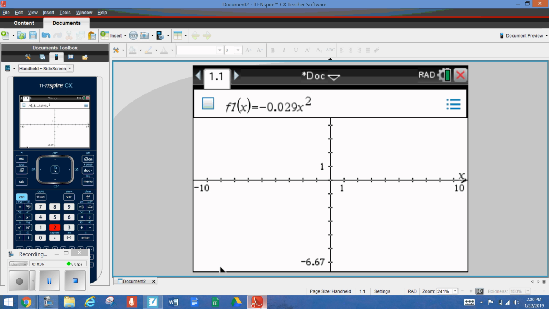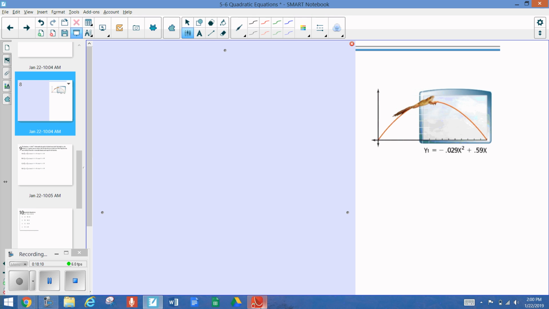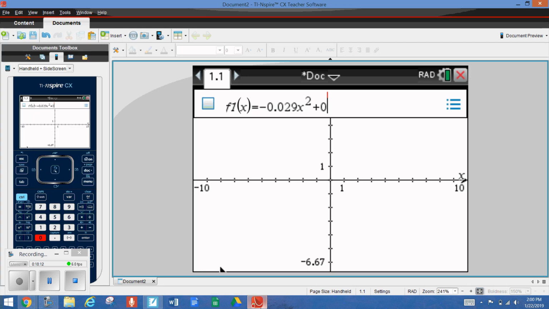You guys don't have to wait, you can solve it on your own. So where's c? Ax squared plus bx plus c. Where's c? It's 0, right? We don't have to write it.